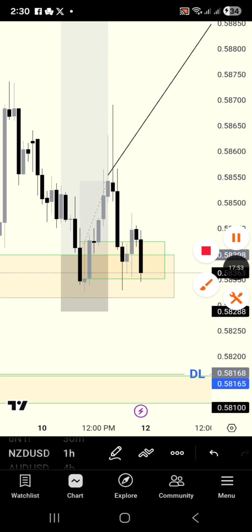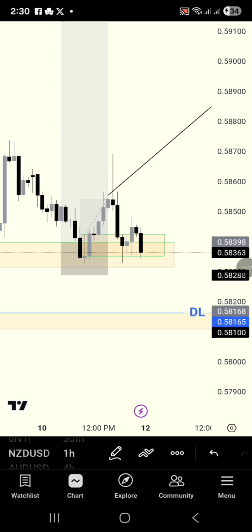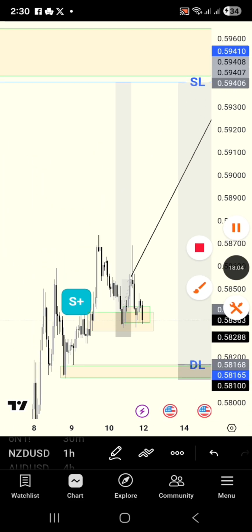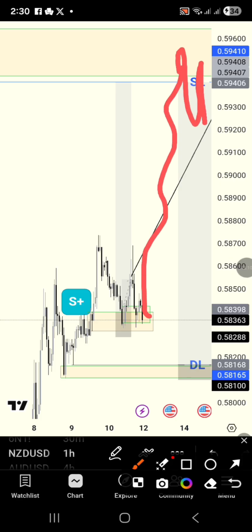But this first one is still what? It's still intact. So it came back into the zone and I'm expecting it to do what? Continue upward. So by next week, I'll be expecting price to push up for this, then from here, retest and drop.